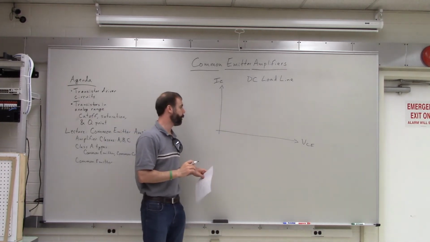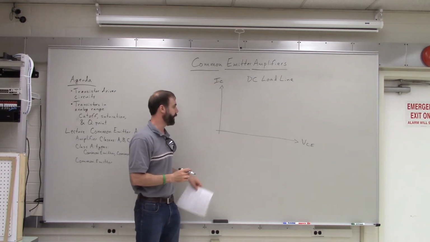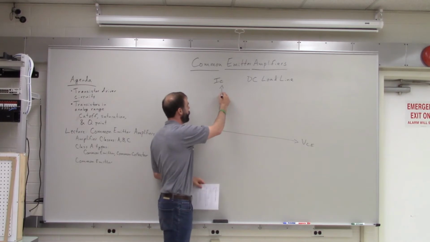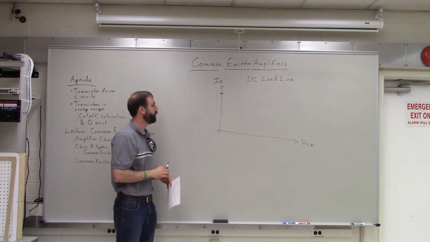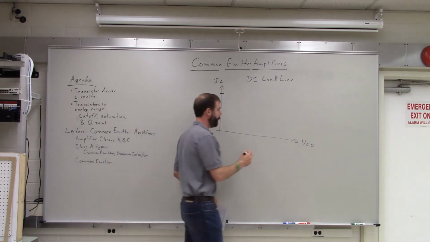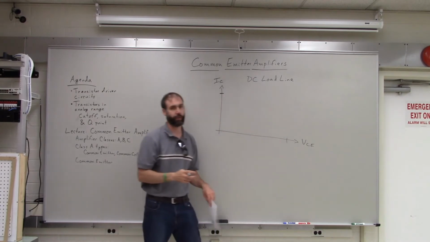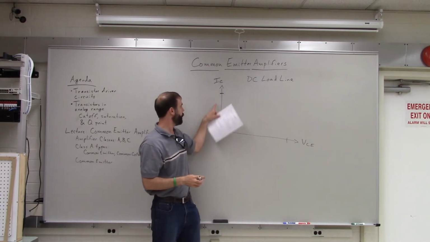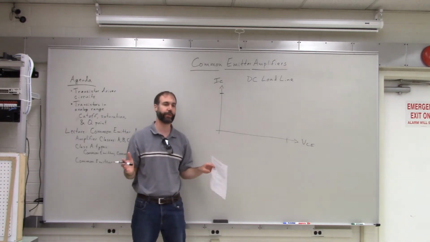And what we said is that when there was no voltage between the collector and the emitter, the current was at the maximum. And when there was as much voltage as possible between the collector and the emitter, then no current was flowing. Right? The transistor essentially acted like an open circuit.